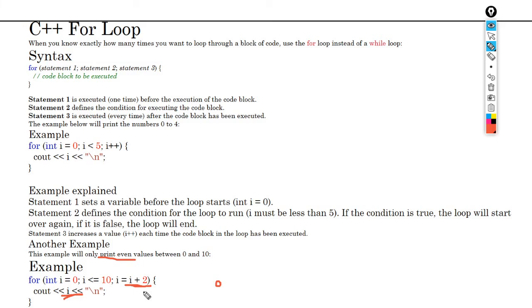Then next comes i plus 2, that is 0 plus 2 is 2, so true. Then again it will print 2. Then plus 2, so again it is 4, so it will print 4. Then again 6, so till this condition becomes false, it will go on printing the value.